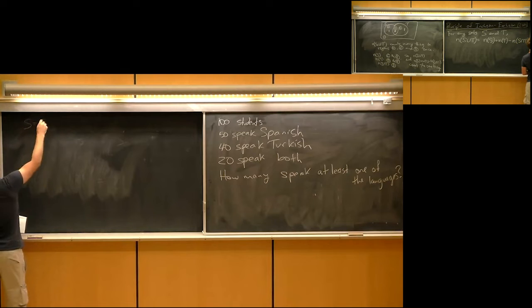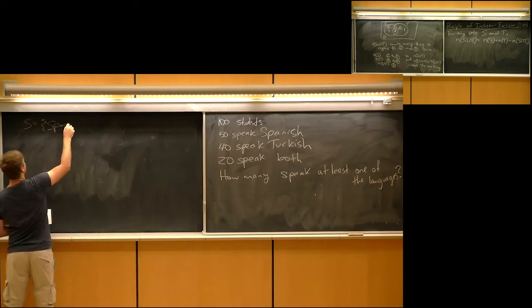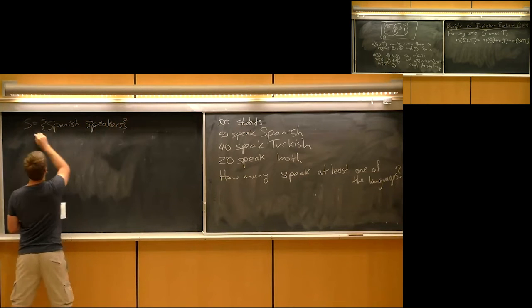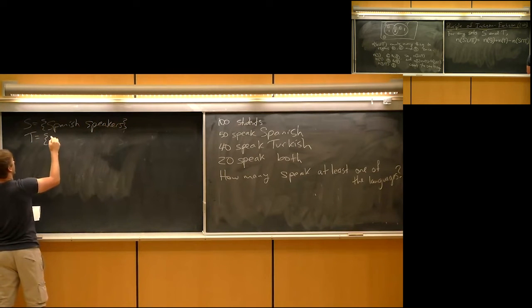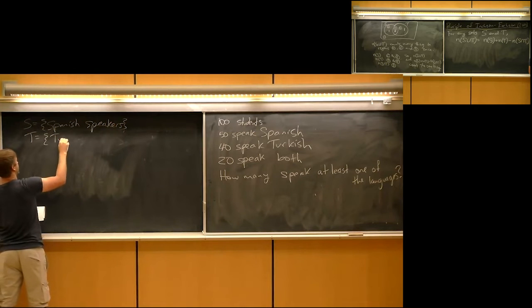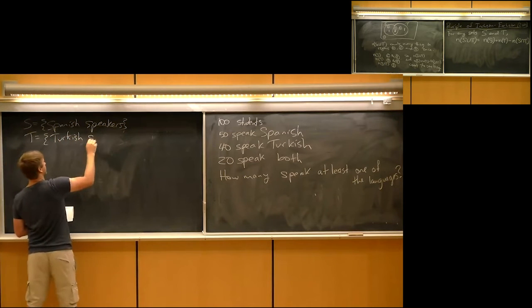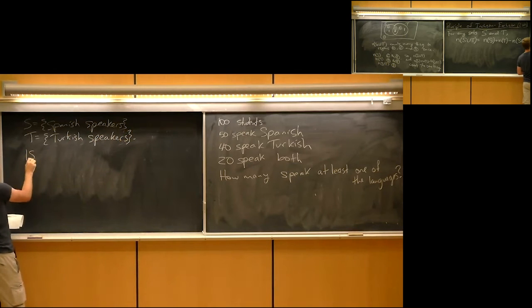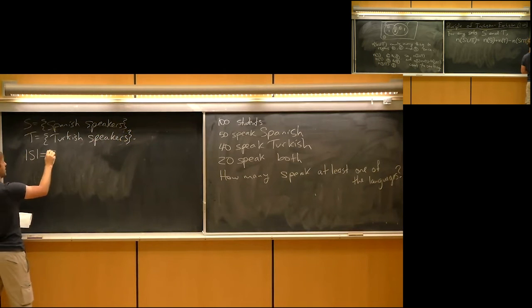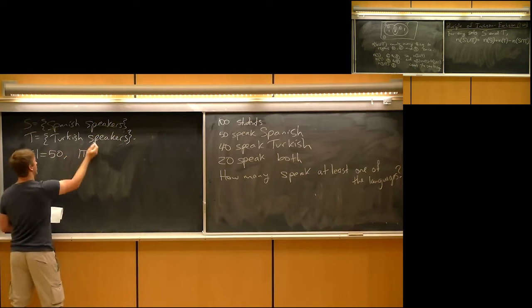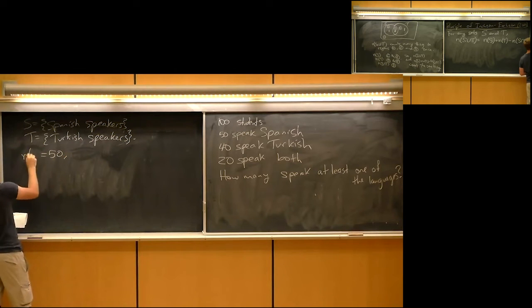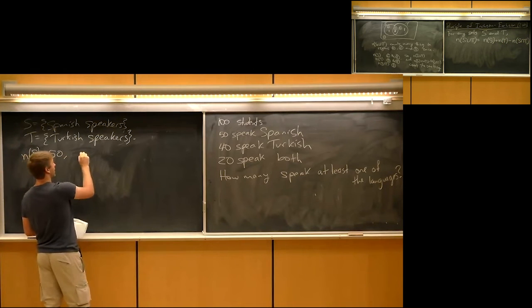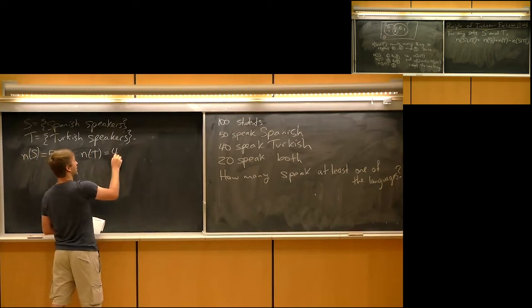So again, if we let S be the set of Spanish speakers, and T be the set of Turkish speakers, this says that n of S is 50, n of T is 40.